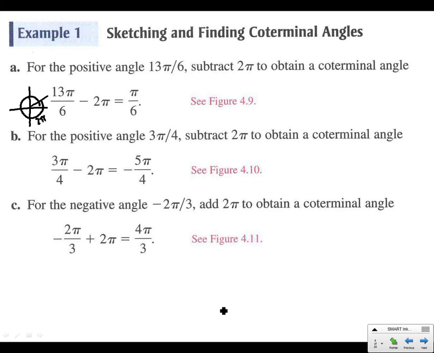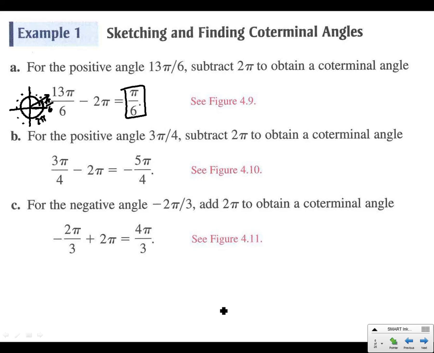So our terminal side would look like that. This is an additional pi over 6. And so we can see that the coterminal angle is what if we just started from the initial side and just went that pi over 6? Didn't have to go all the way around the circle, just go that short distance of pi over 6.